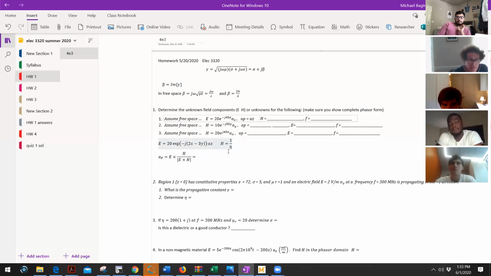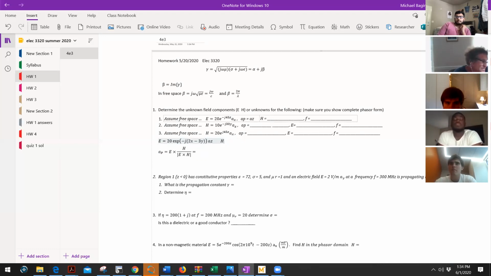And then it's a unit vector in. That's not going to get me what I want. That's the definition, but to get the H field, let me just show you something.